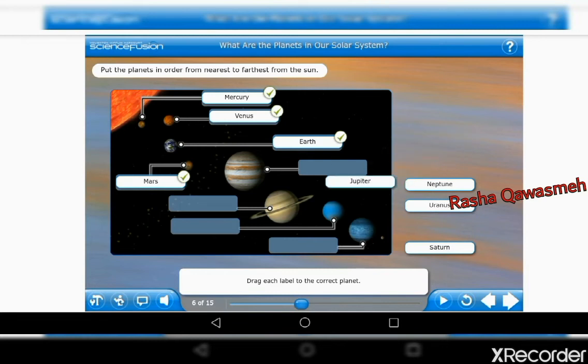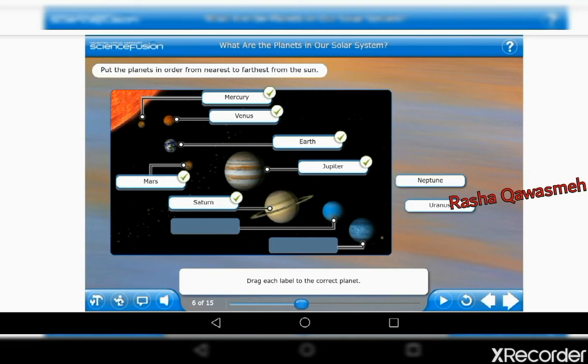Now the outer planets start with Jupiter, Saturn, Uranus, Neptune.